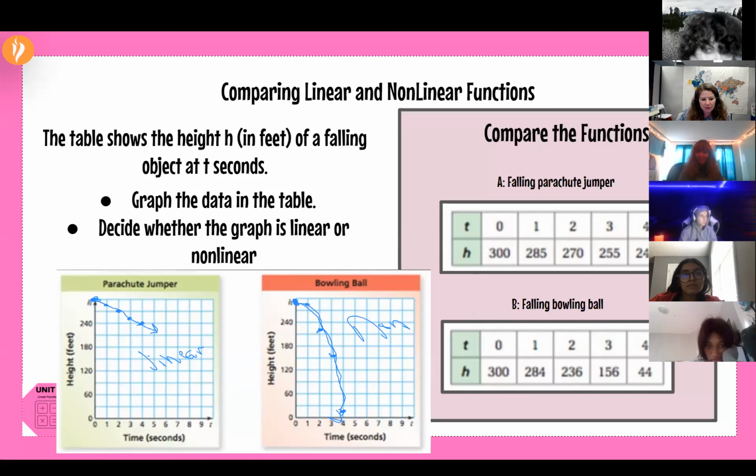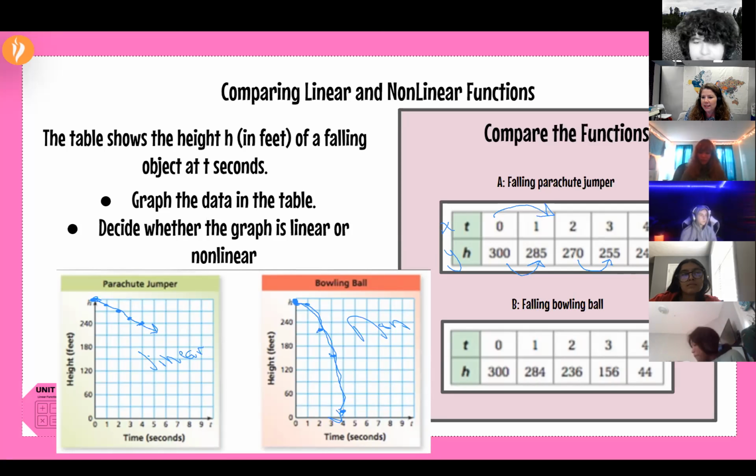All right, so let's compare the difference in these two tables. If I find the difference in my H value and put it over my T value. Remember last week we were doing the difference in Y over the difference in X. Well, the difference here would be minus 15 over 1. What is the difference between 270 and 255?